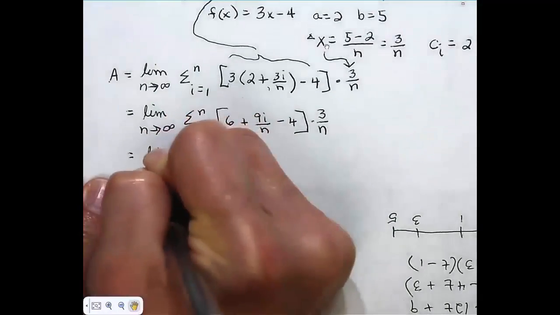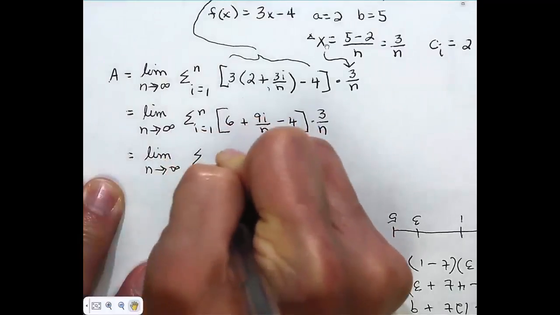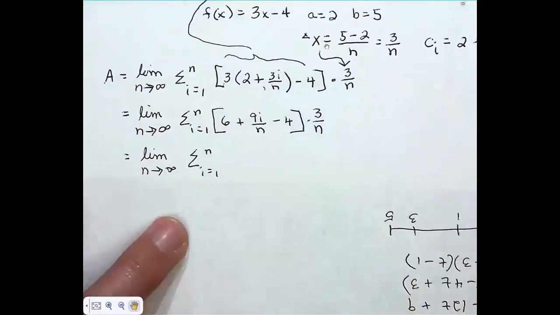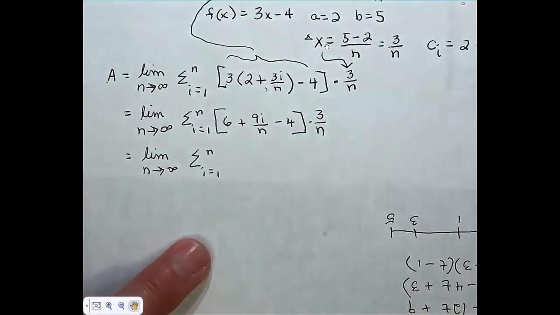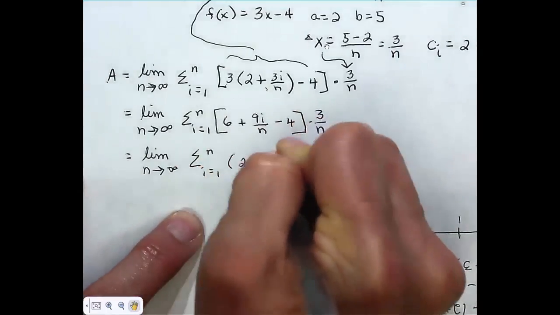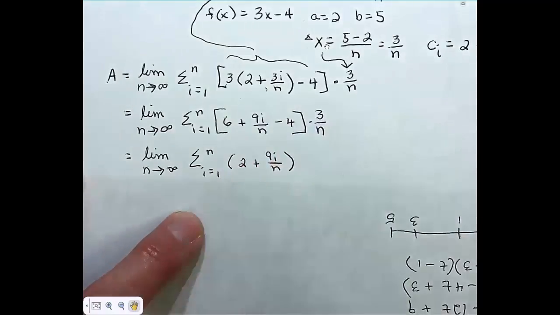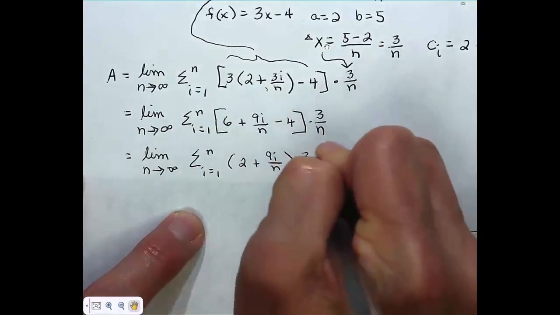That's the limit as n goes to infinity of the sum from i equals 1 to n. Inside brackets, I could just say that's 2 plus 9i over n times 3 over n.